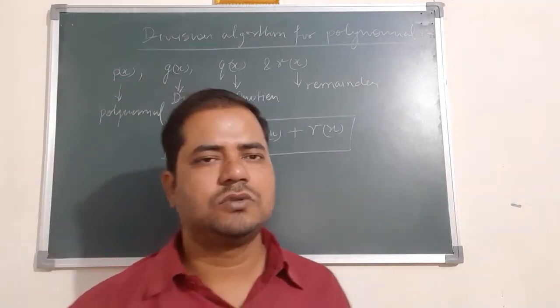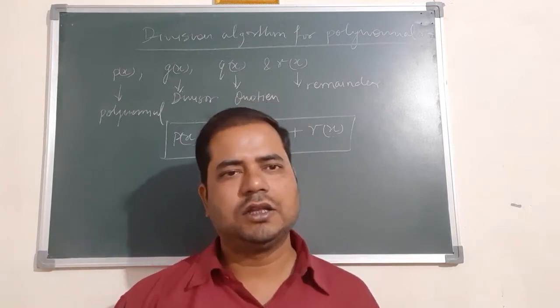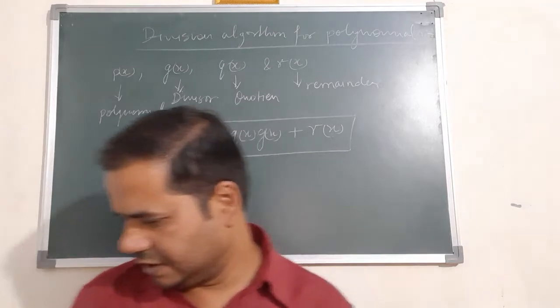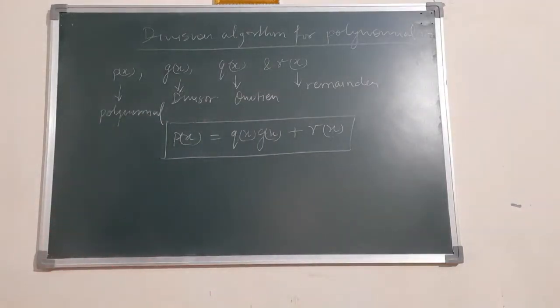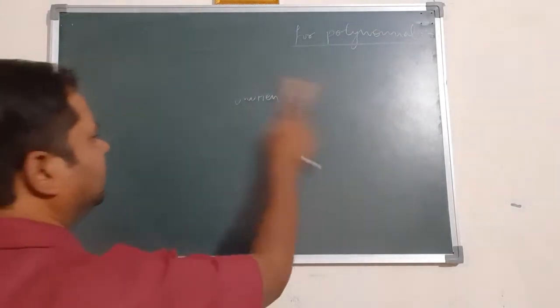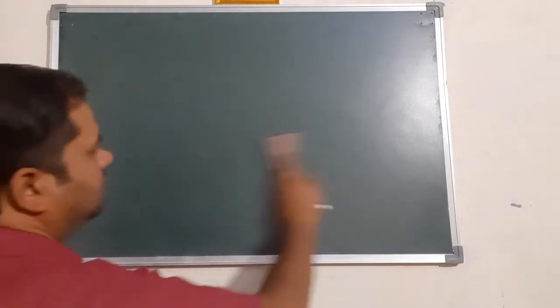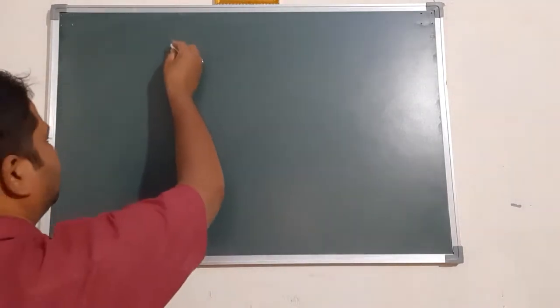Okay, so we can discuss some questions and divide a polynomial by another polynomial. The first question is: divide x cube minus 1 by x minus 1.